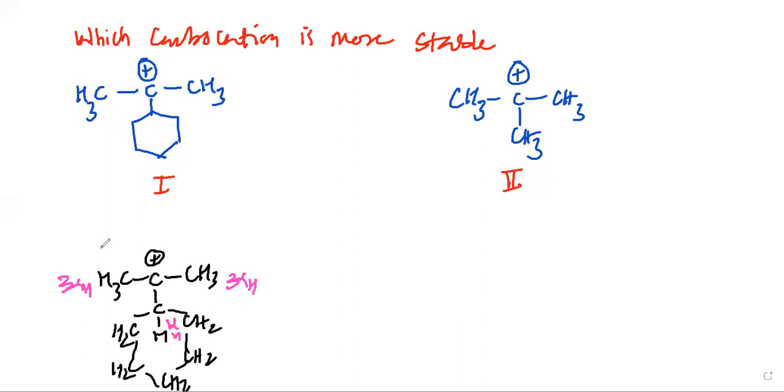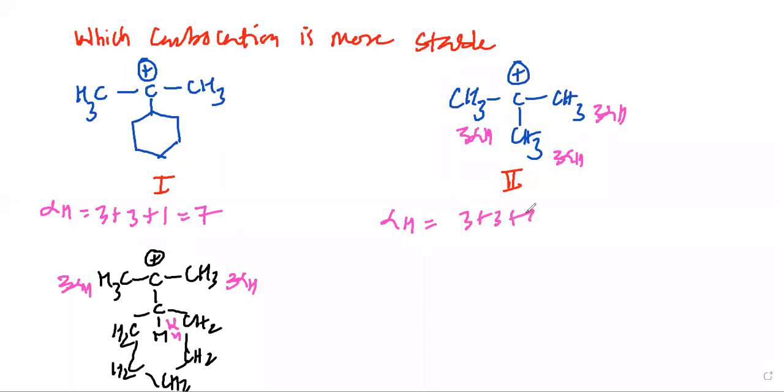So total number of alpha hydrogens is equal to 3 plus 3 plus 1, that is going to be 7. But here you have 3 alpha hydrogens here, 3 here, and 3 here. So the number of alpha hydrogens is 3 plus 3 plus 3, that is going to be 9.